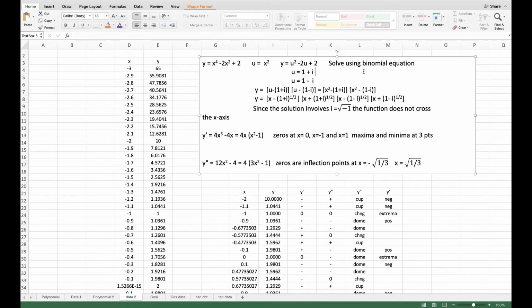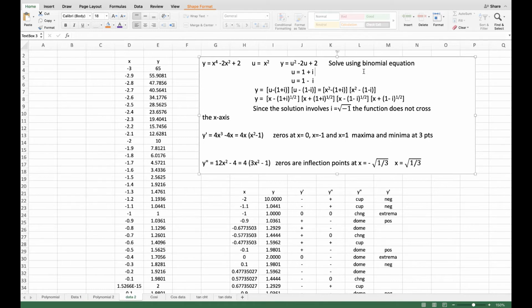That gives you the solution to a second order or squared equation. You end up, in this case, having a negative square root.